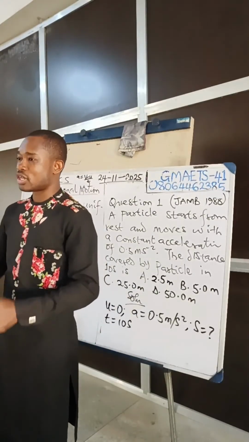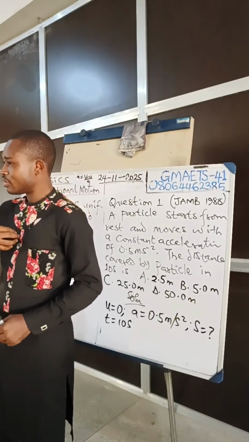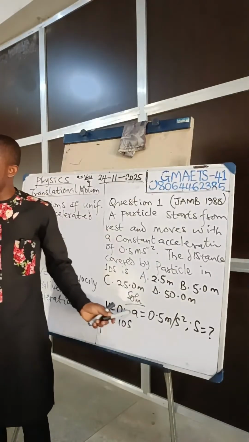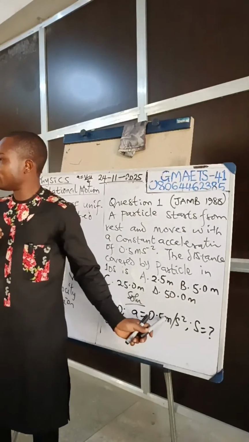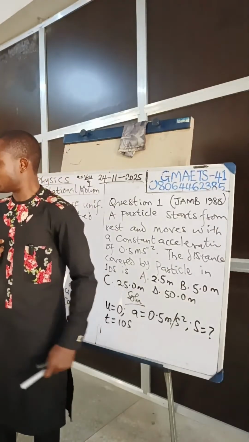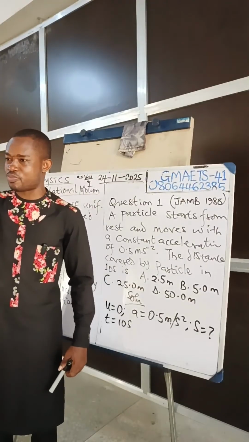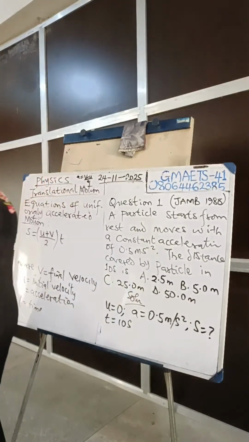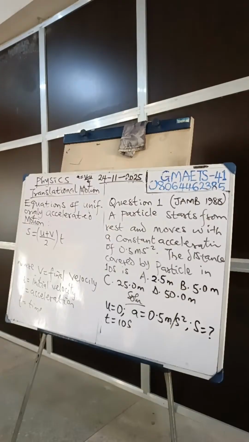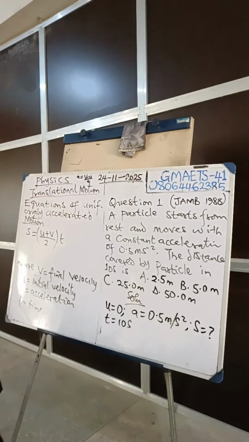You now ask yourself, from these values given to me in this question, and what I am looking for, which equation of motion fits this information? Remember, you can only choose an equation to use in solving a problem when you know everything in that formula except only one thing.